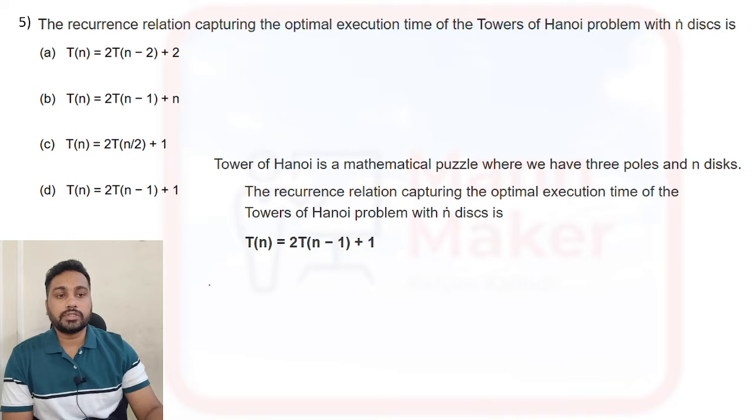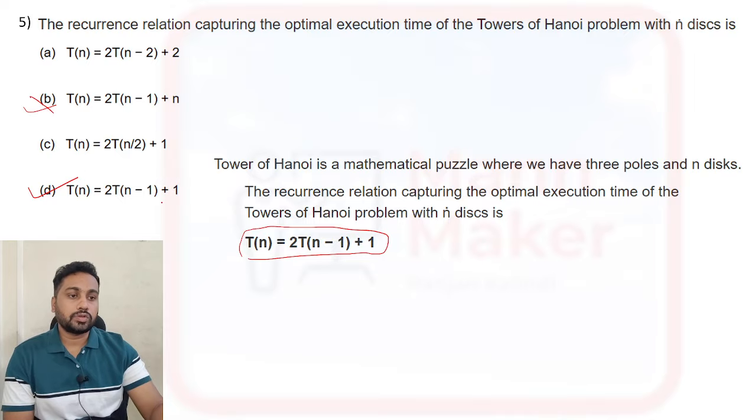Mathematically, we represent this using the formula T(n) = 2T(n-1) + 1. This belongs to option D, so option D is the right answer.